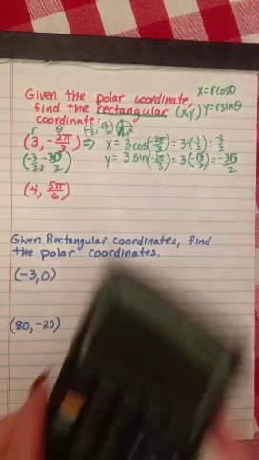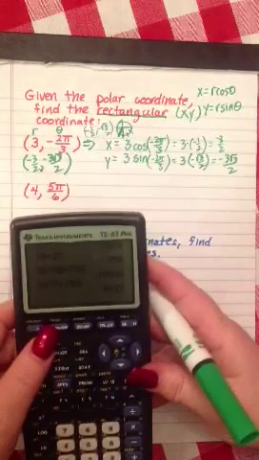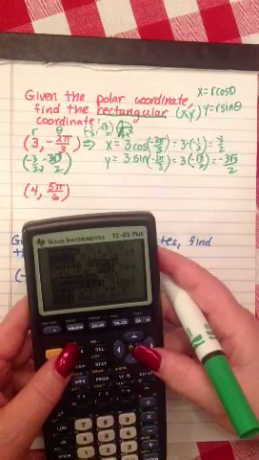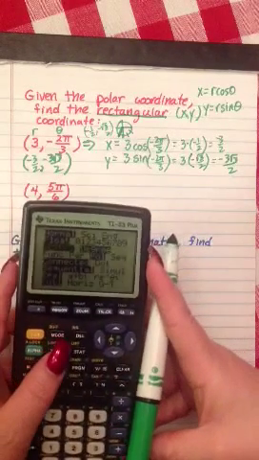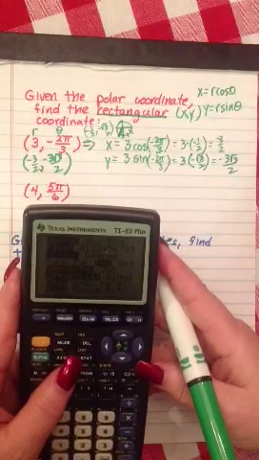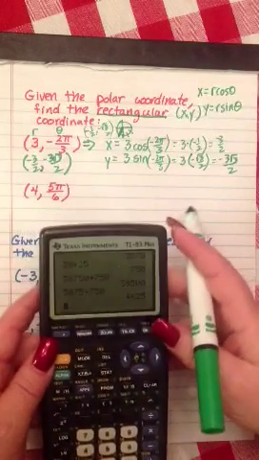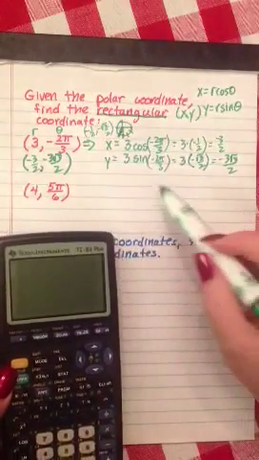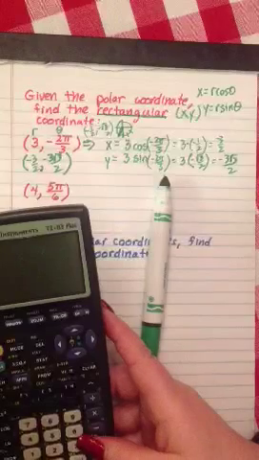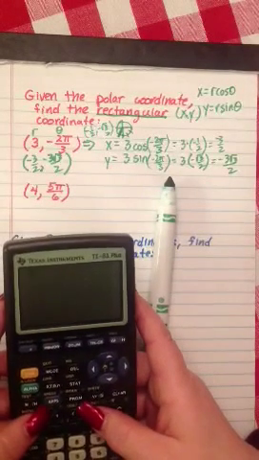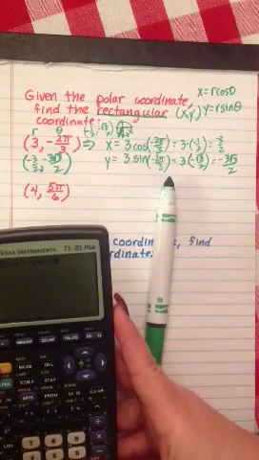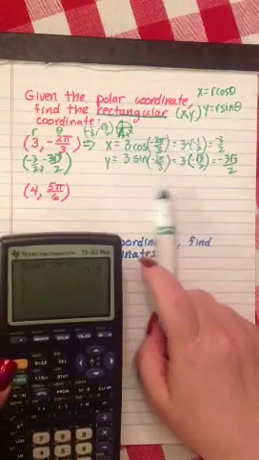Now, what would happen if we chose to do this on our calculator? We would make sure that our mode was in radians, because 2 pi over 3 is a radian measure. So I switch it over like that, and then I'm just going to type this in. 3 times cosine of negative 2 pi over 3, and it gives me negative 1.5.